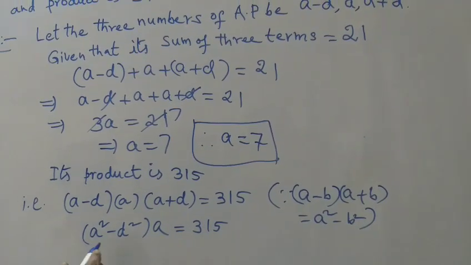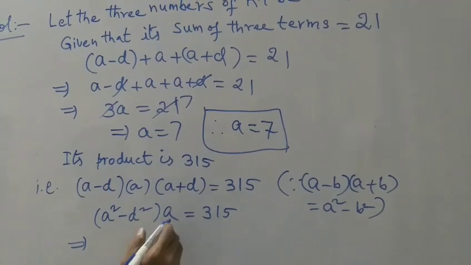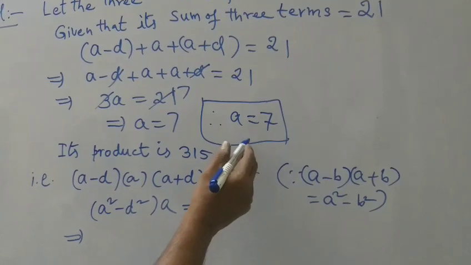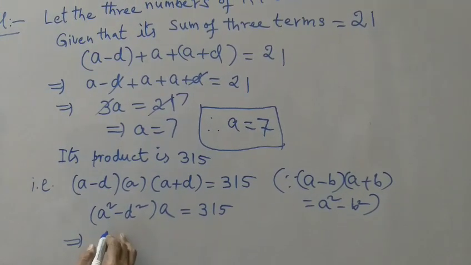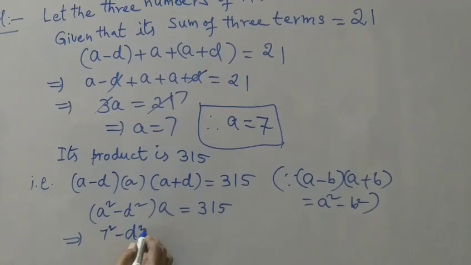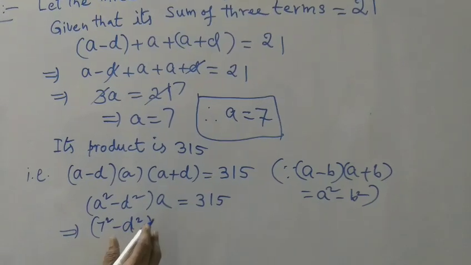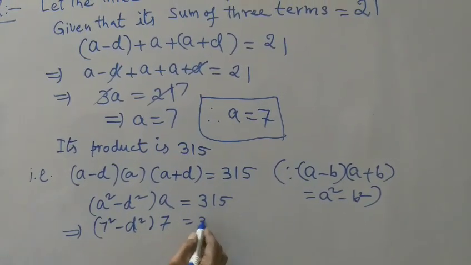On careful observation, we already got the value of a is equal to 7. Now substitute the value of a in this. A square means 7 square minus d square into a is equal to 7, is equal to 315.